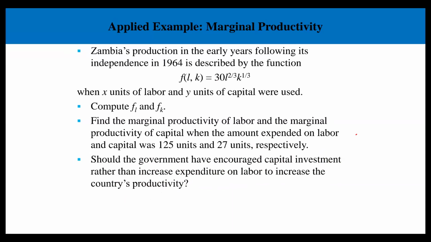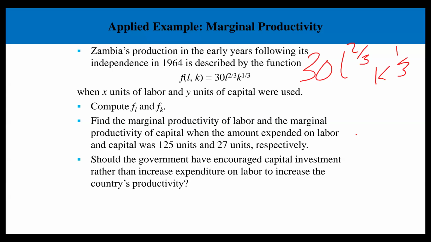Zambia's production in the early years following its independence in 1964 is described by the Cobb-Douglas function. It is 30 L to the power 2 over 3, capital K to the power 1/3, where L is the units of labor, and K is the units of capital that were used.